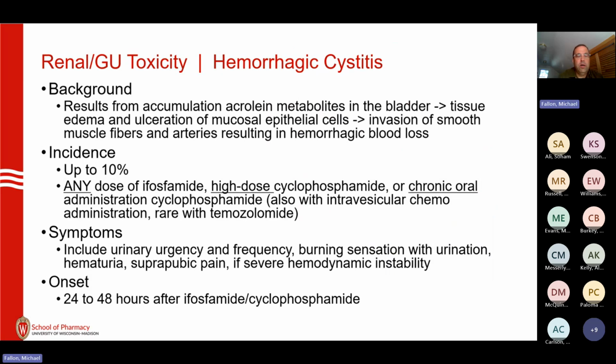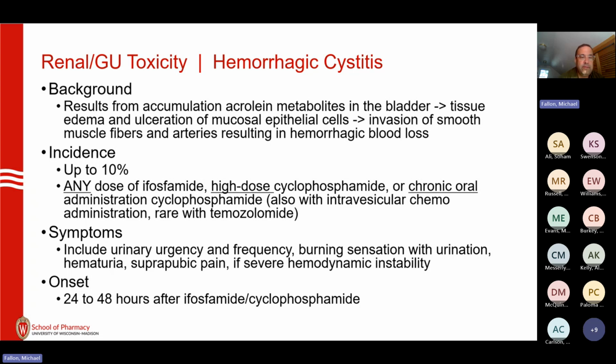Going to kidney, so hemorrhagic cystitis is an adverse effect that we watch for, and we have built into the treatment plan prophylactic measures to prevent it. Up to 10% incidence. Again, it's going to be lower than that usually.